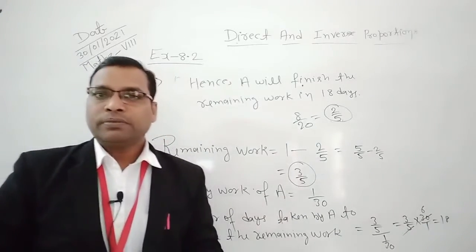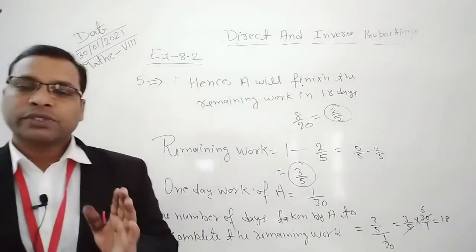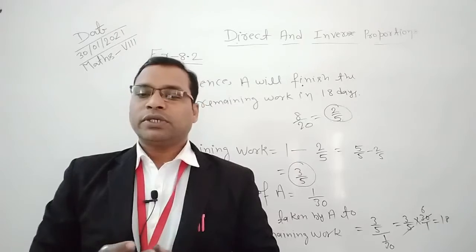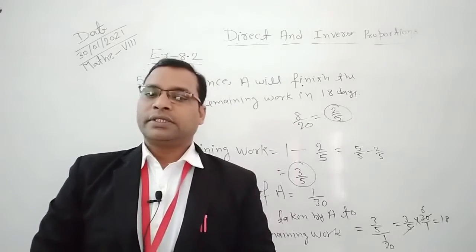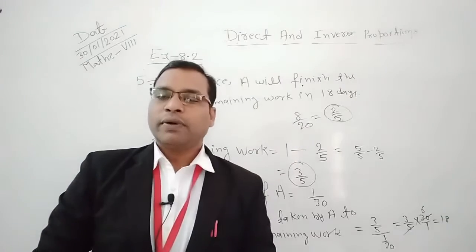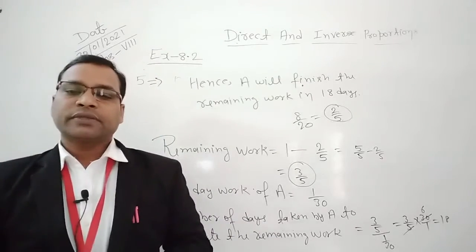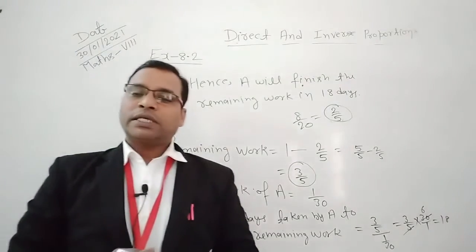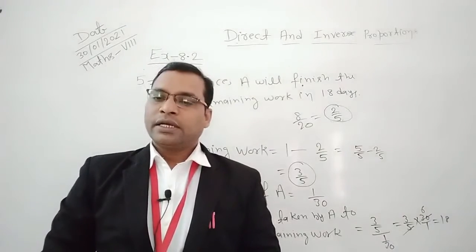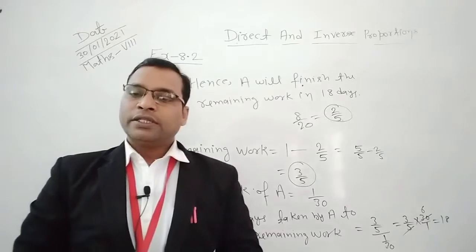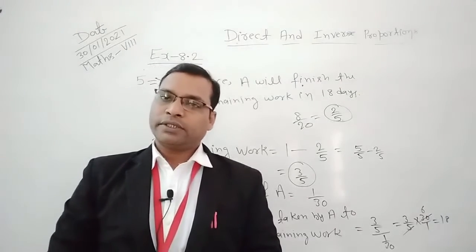So students, I hope all of you understood these questions. Now we are going to discuss the next question, question number 6. Let's see what we have in question number 6. A can do a work in 10 days and B can do it in 15 days.